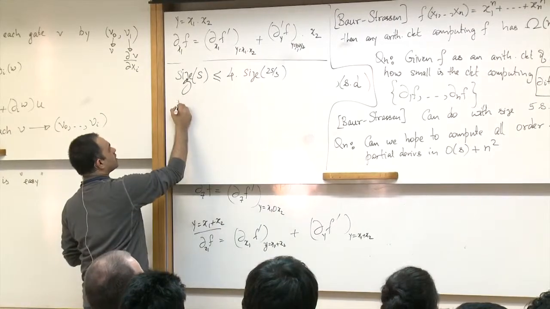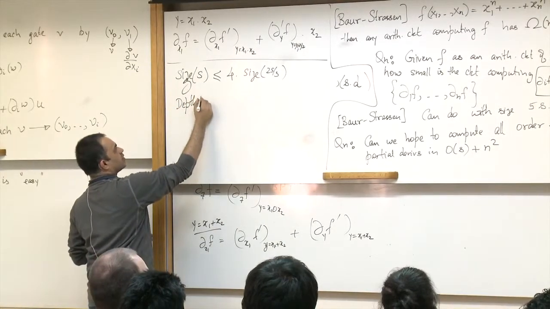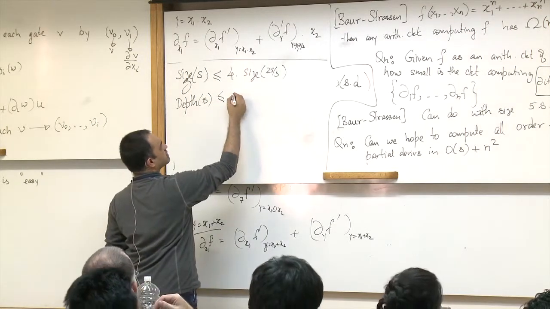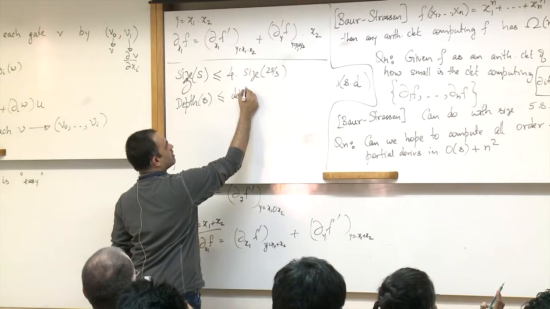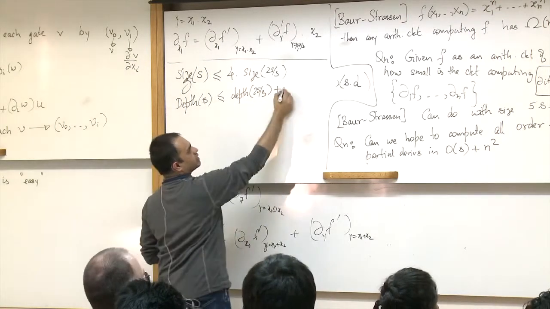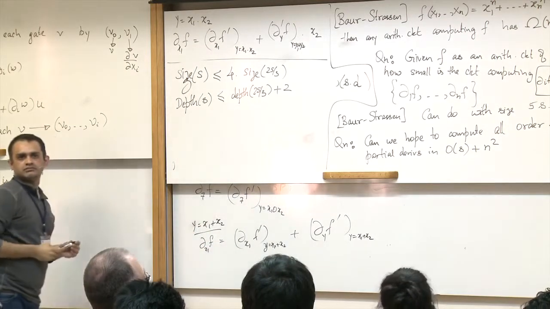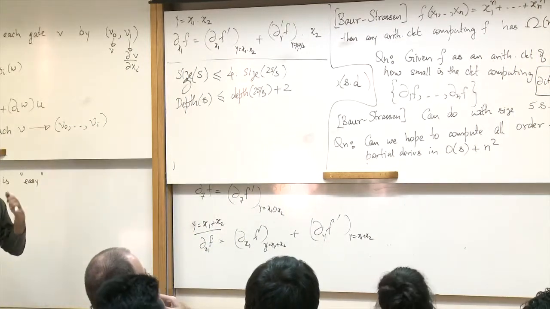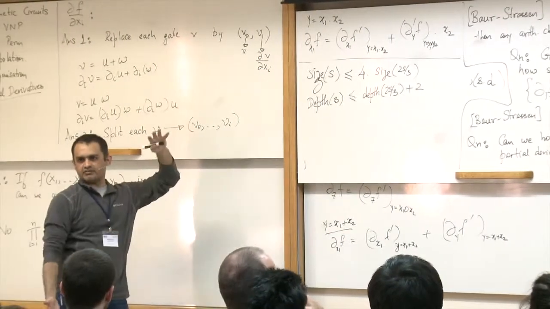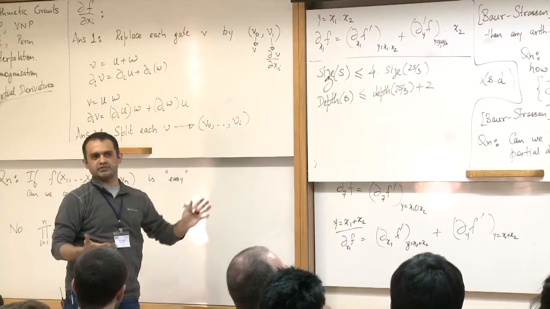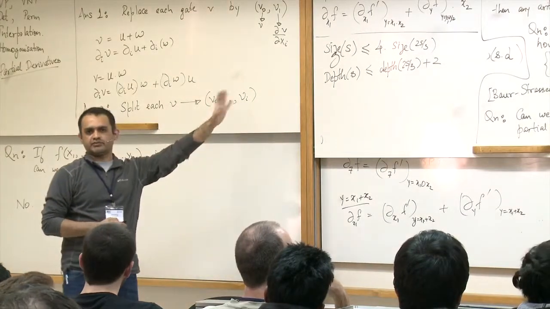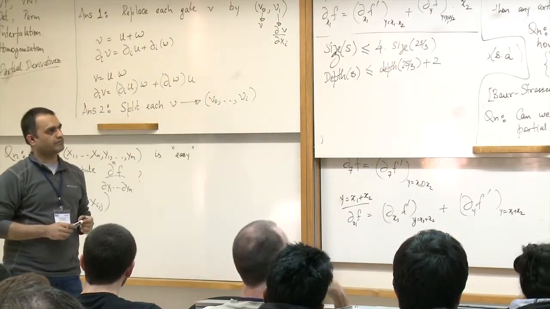But the depth of s is going to be bounded by at most the depth of 2s by 3 plus something like 2. So if I recursively keep computing this depth reduction on each of those boxes, I end up with a circuit of depth about order log s, but size is just polynomial in s. I end up with a formula of depth order log s and size polynomial in s.